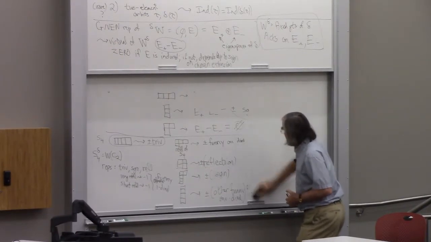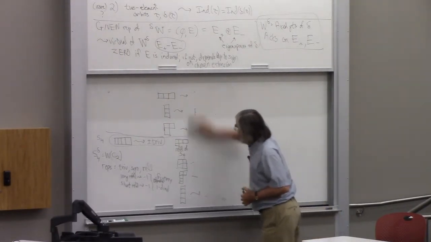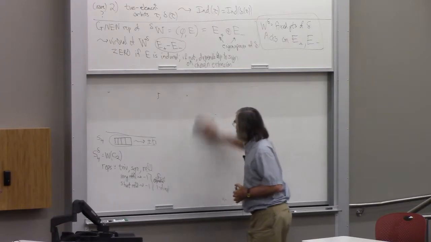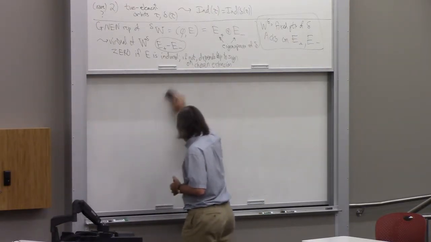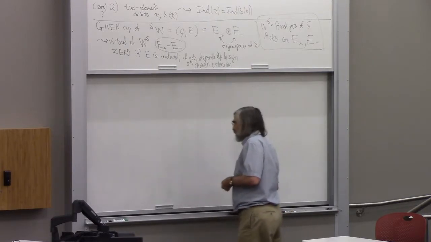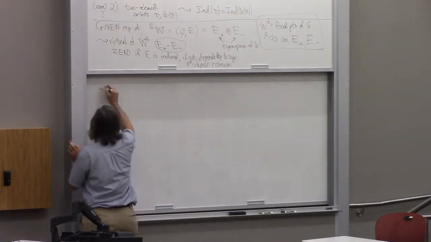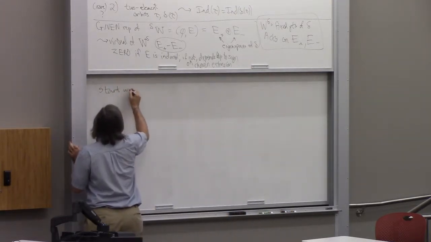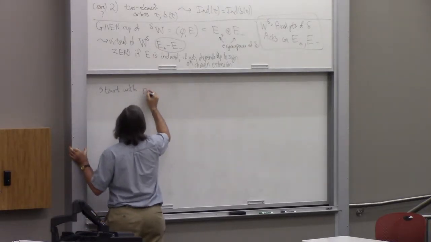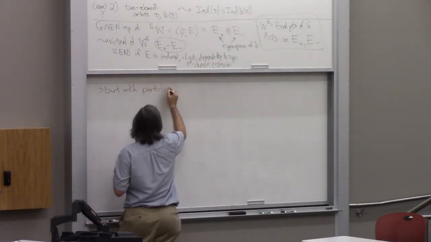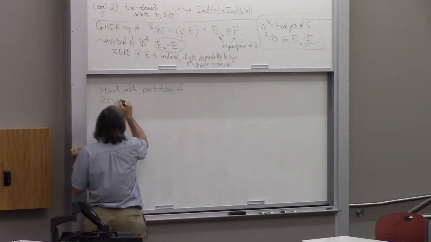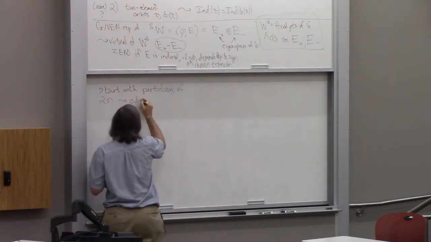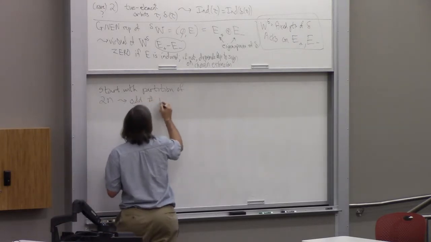Here's the story. You want to start with a partition of 2n and arrange that it has an odd number of parts.